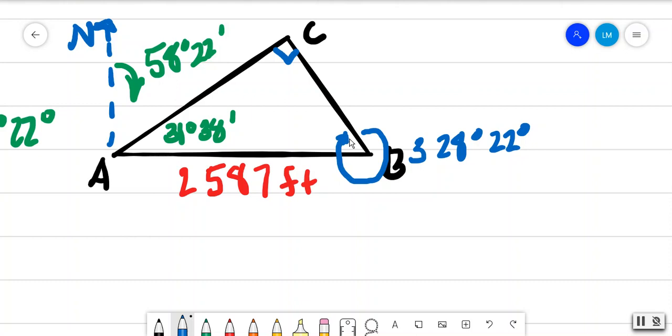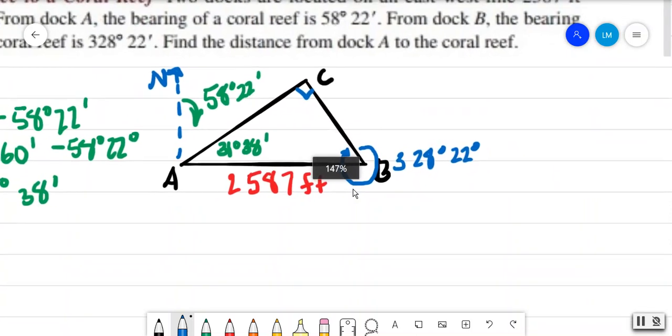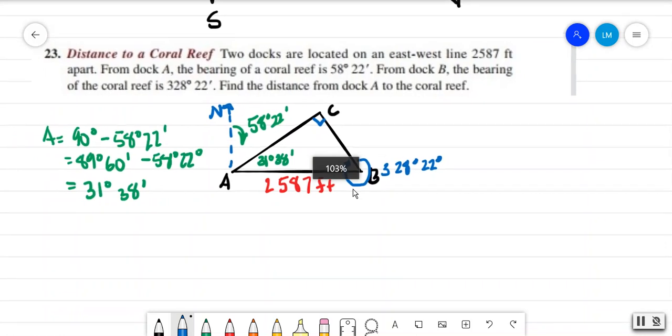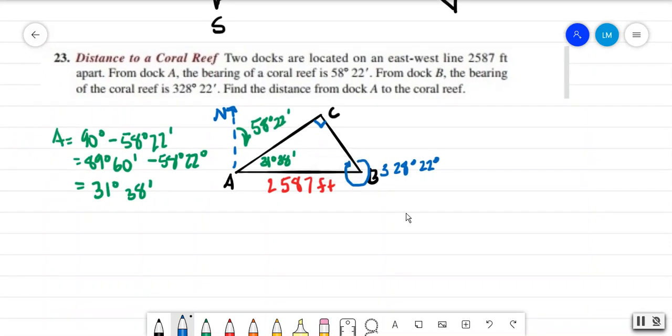That means that from there, the 58 degrees and 22 minutes would be right here too. So it is like we are using geometry. So that would imply that the angle measure that you have right here is also 58 degrees and 22 minutes.